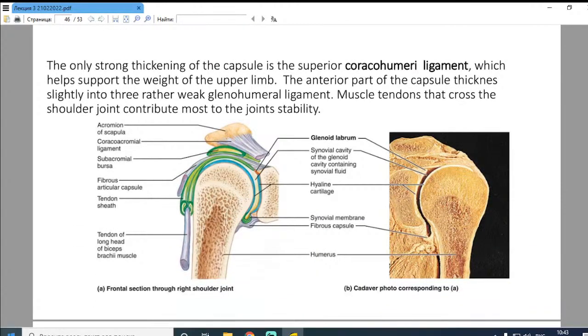The only strong thickening of the capsule is the superior coracohumeral ligament, which helps support the weight of the upper limb. The anterior part of the capsule thickens slightly into three rather weak glenohumeral ligaments.